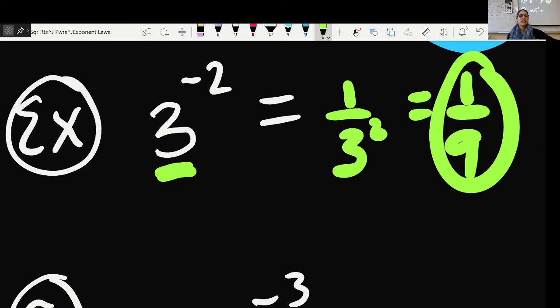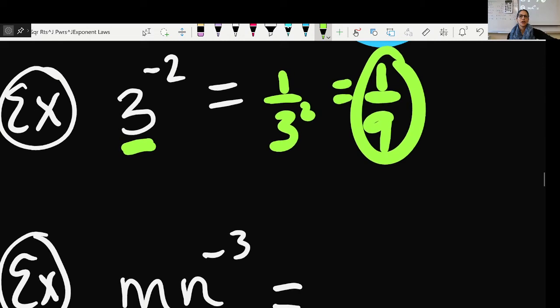So this is the one that I feel is brand new that you've probably never done before. And so we'll go through it a little bit because I feel like there's a little bit of getting used to with that. When you have a negative exponent, the trick or the key is that we flip the base and take the reciprocal. Do you see if I have a number like the number 3 here? Technically, I could say if I want to turn it into a fraction, it's 3 over 1.